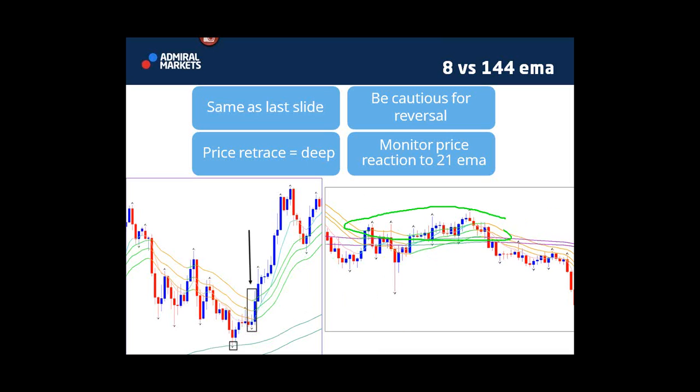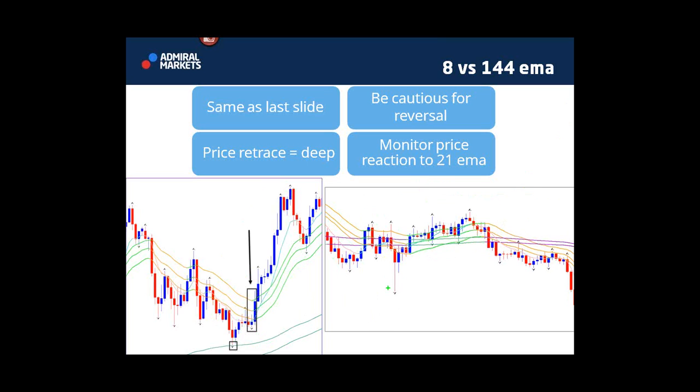So anytime it fails to get out above that 21 EMA, and it doesn't break the candle high within 5 to 6 candles, and look at this, all of these moves up here are within 5 to 6 candles. If it fails to do that within that time frame, then often enough you're looking at weakness and failure. Sometimes not. Sometimes it just takes a bit more time before we get the move up, and there's always a chance to rejoin later on after exiting.